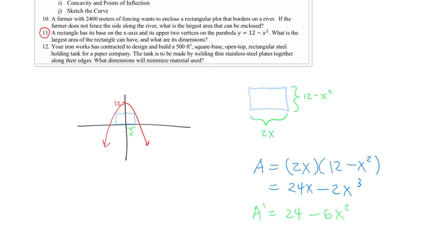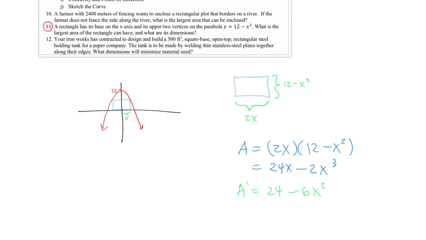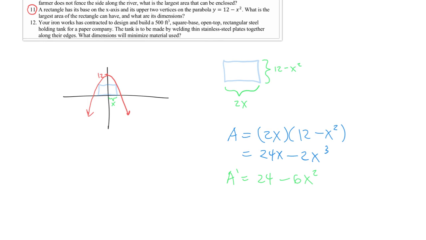And if we were to set that equal to 0, then 0 equals 24 minus 6x squared. x would be plus or minus 2.